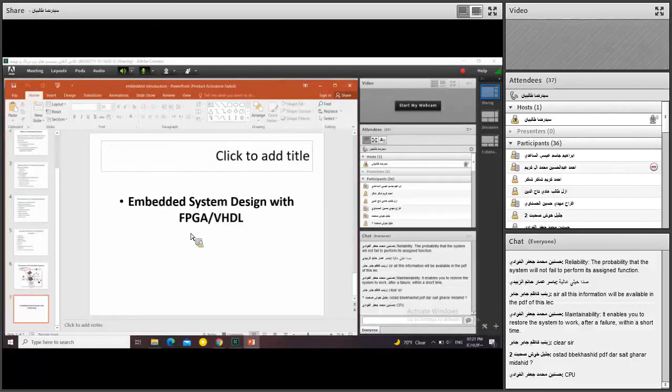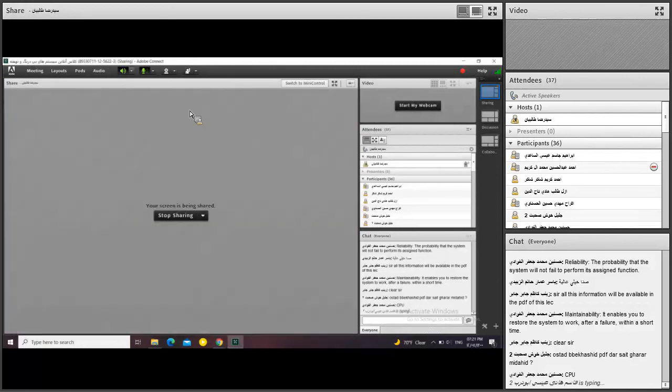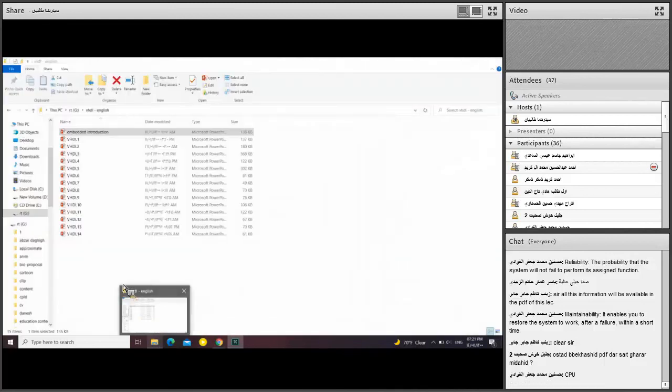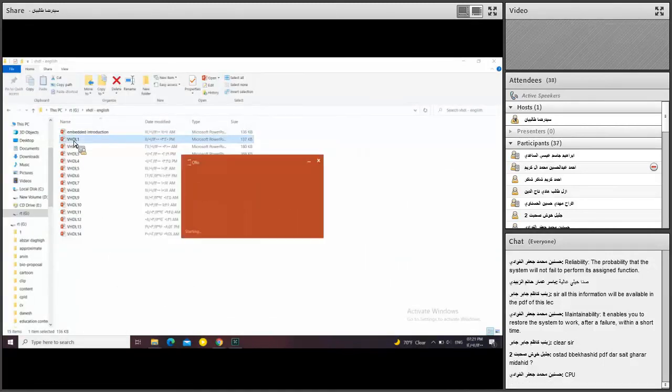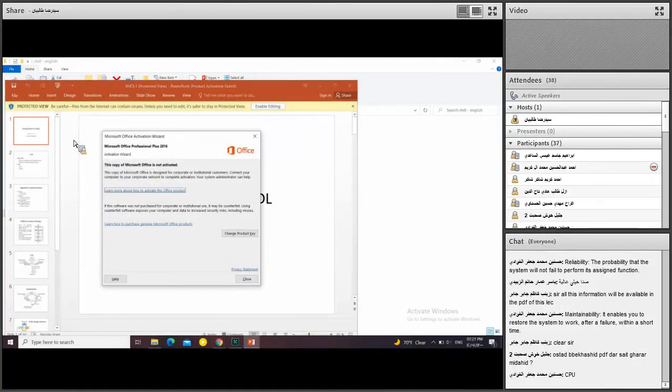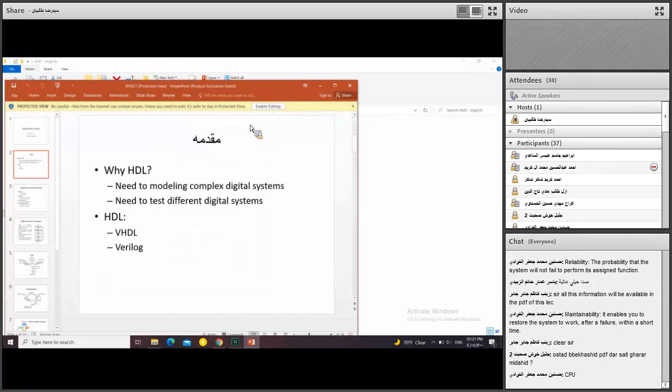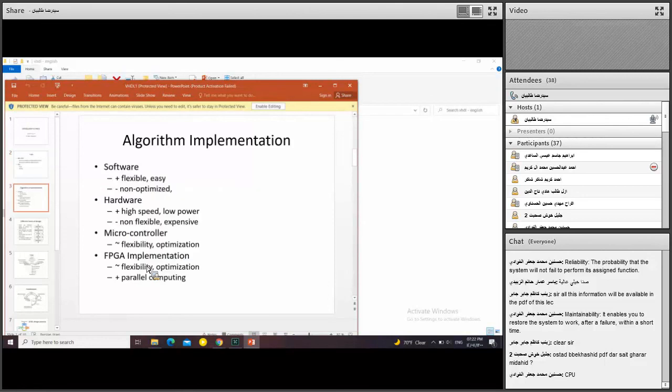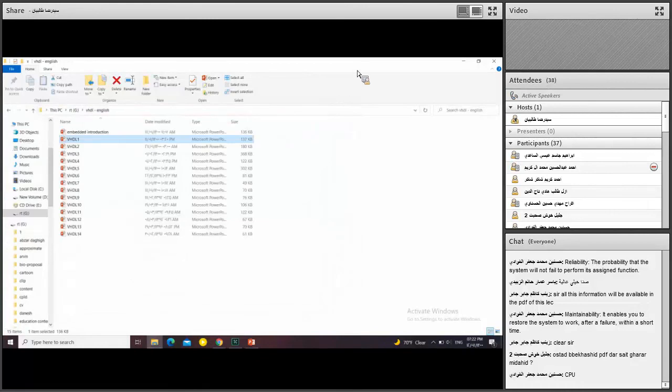After this slide, we end embedded systems here, and we will start FPGA and VHDL. I mean why HDL, types of HDL, and so on.